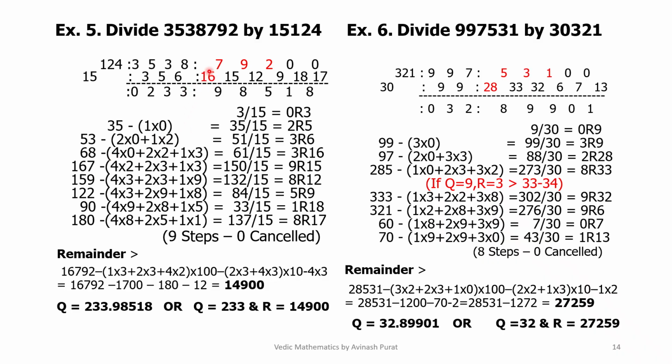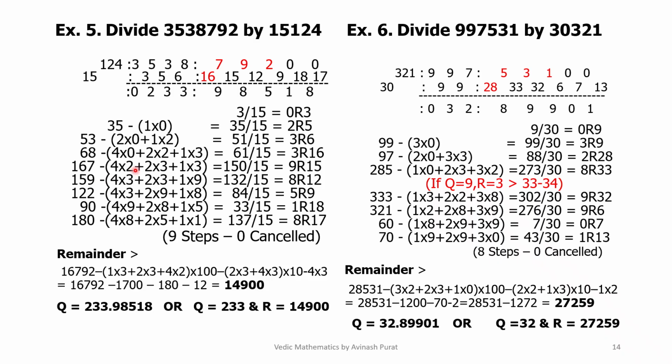So 167 is the next dividend, minus 4 into 2 plus 2 into 3 plus 1 into 3 equal to 150, divided by 15. We take here 9 as a quotient and remainder 15.